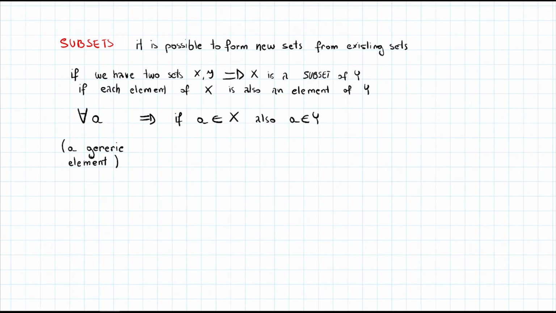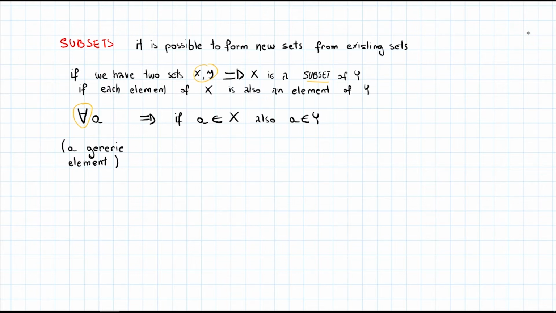In fact, it is possible to form new sets from existing ones, and these are subsets. If we have two sets, X and Y, then X is said to be a subset of Y if each element of X is also an element of Y. More formally, it can be written as for each A, where A is a generic element.